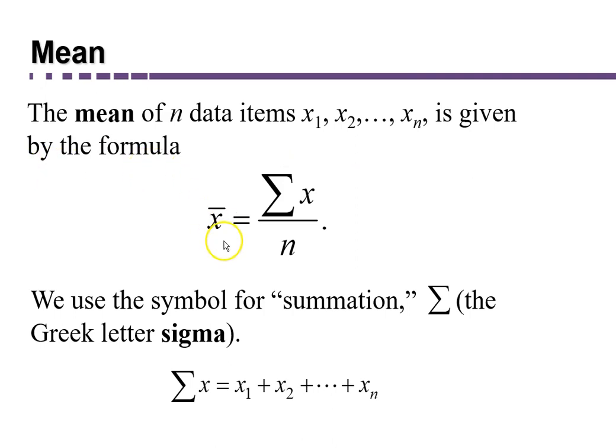It goes into the general formula for the mean, which is equal to this funny shaped E, which is the Greek symbol sigma, indicating the sum of your x values, the items in your group, divided by the number of items.